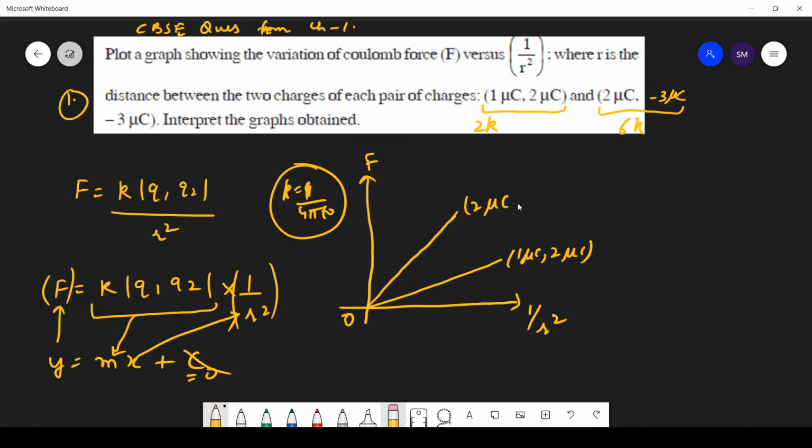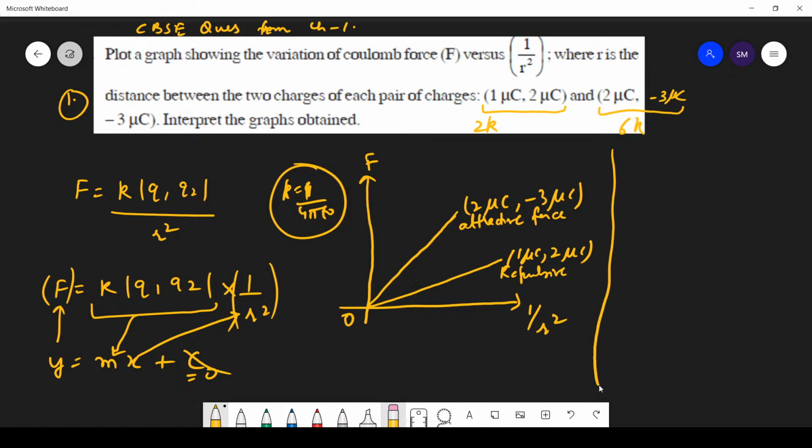Now what kind of force is it? These are like charges, so this is repulsive force. You need to write here repulsive force, and this is an attractive force.